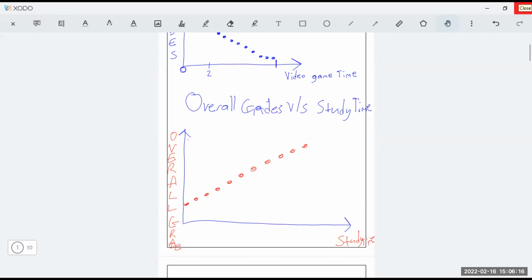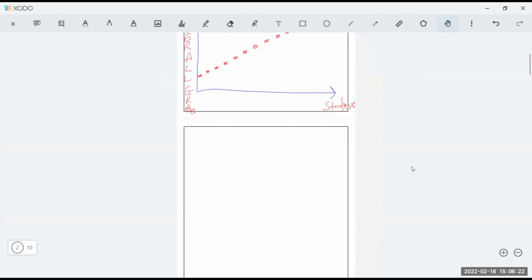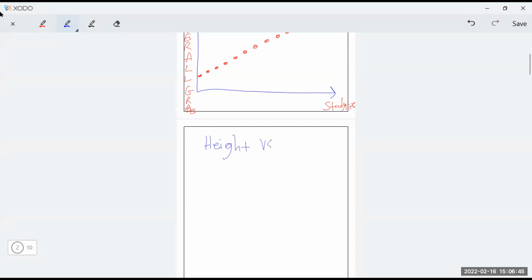Now, sometimes there's just not necessarily going to be a relationship between two things. So let me try to think of an example. Maybe we want to look at a person's height versus the length of their arm. Because a lot of persons claim that the longer your arm is, the taller you will be, and some crazy stuff.